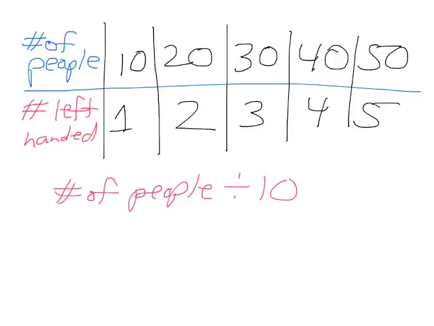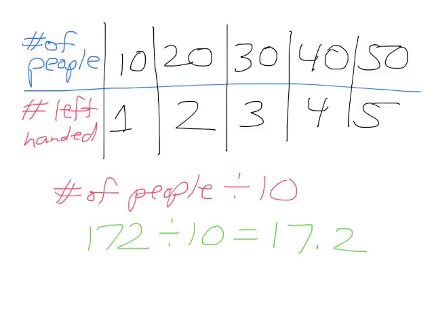So does that work? If 30 people, 30 divided by 10, that's 3. So that did work. So then if we were able to take our 172 people and divide that by 10, then I should get about 17.2.